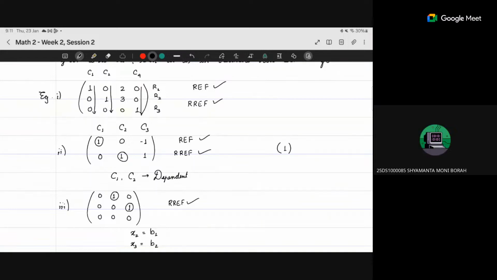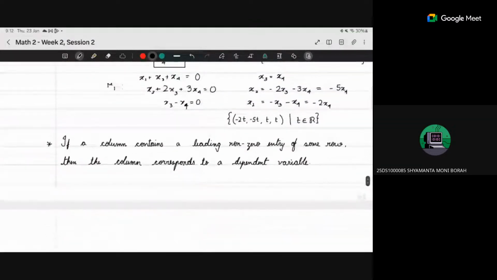Sir, just want to ask, in the matrix you just constructed, both the second row and third row are zero rows. Would it still be RREF, because only the last row needs to be zero, right? No, no. You can have any number of zero rows.